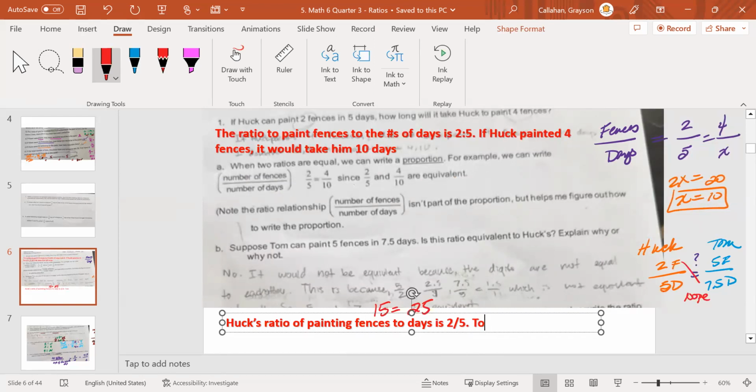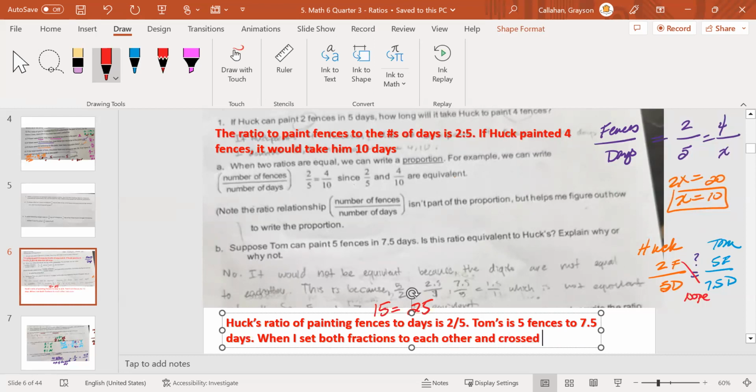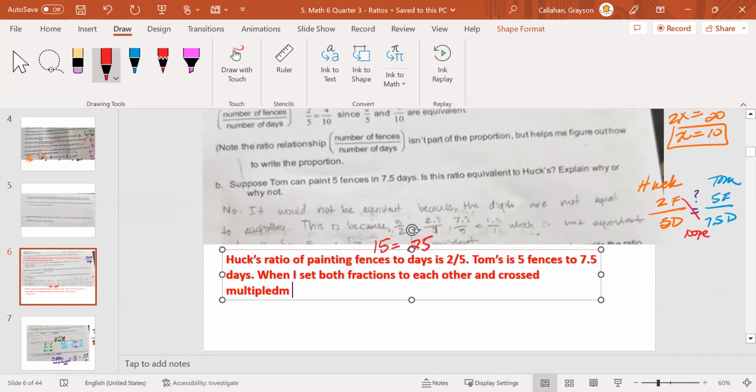Tom's is 5 fences to 7.5 days. When I set both fractions equal to each other and cross multiplied, the answer resulted in 15 equals 25, which is not equivalent.